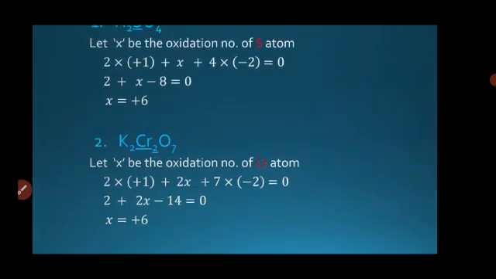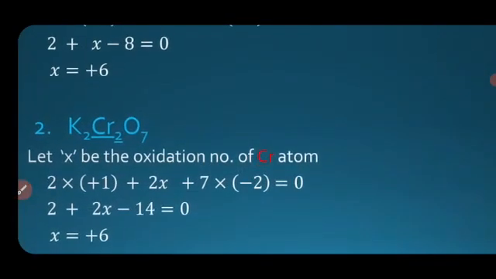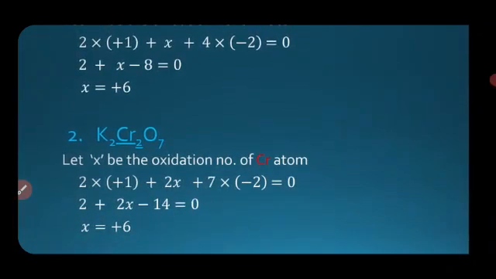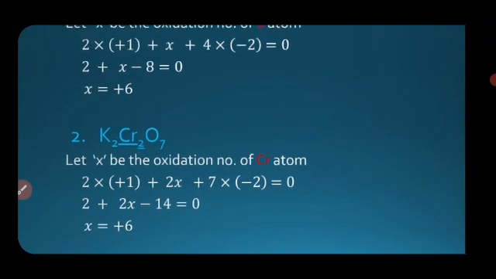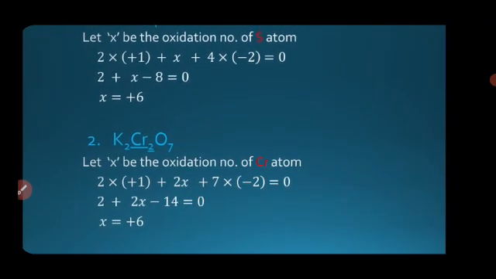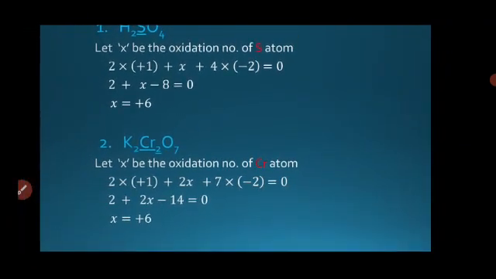Then let us take another example, K2Cr2O7. In this, 2 atoms are there, but when we are calculating the oxidation number, we should calculate only for 1 atom, remember, because as per the definition, oxidation number is the charge possessed by 1 atom in a compound.